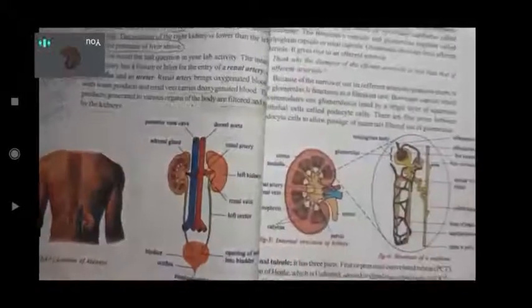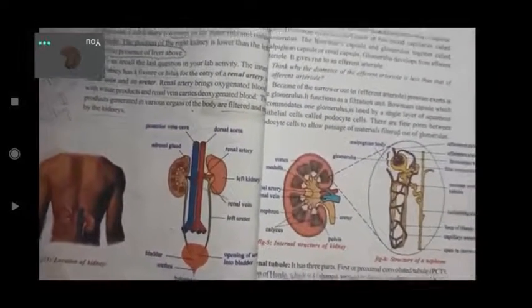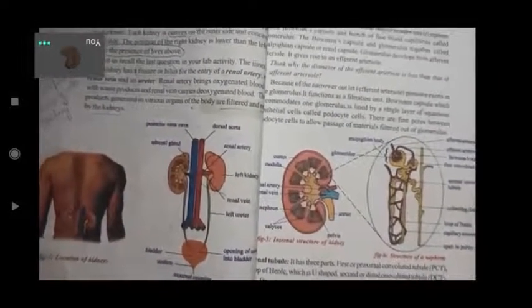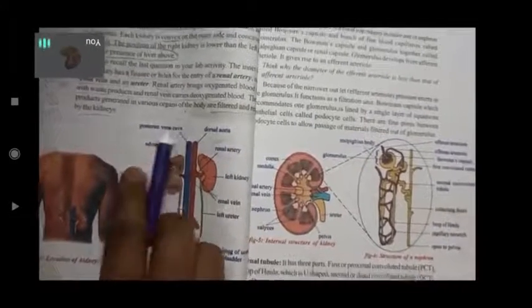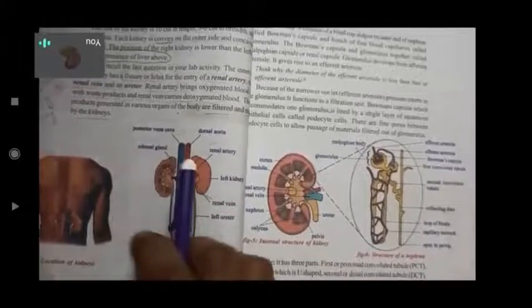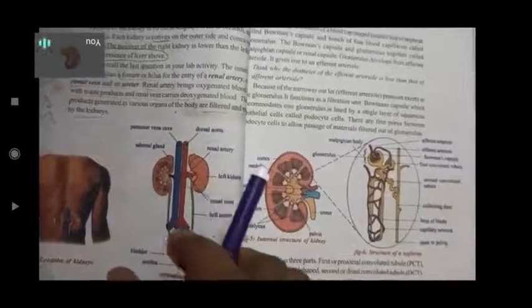So the posterior vena cava collects blood from the kidneys. It is part of the venous system, a combination of veins.